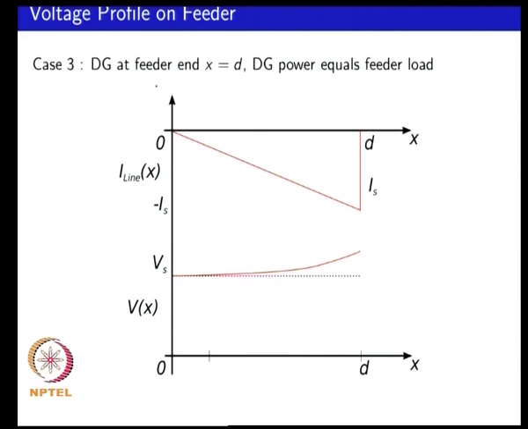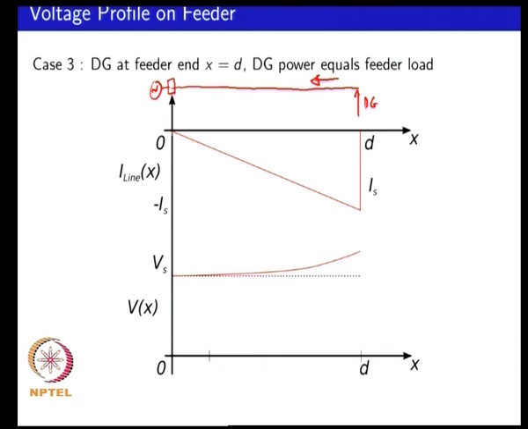So, you are looking at a situation where the DG is connected at the end, and if you look at the shape of the current profile, it is the same triangular current profile, but I have shown it as being negative because instead of the current now flowing from the substation towards the end of the feeder, the current is now flowing in the other direction, which means that essentially you would have the maximum current at the end of the feeder, and because the DG power is equal to the entire feeder power, and we are also assuming that the DG power is being injected at the power factor that is required by the feeder in this particular situation.